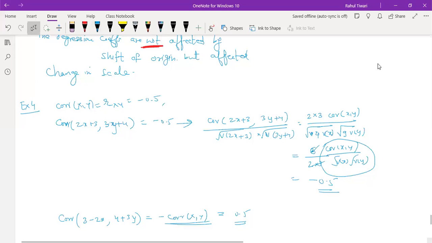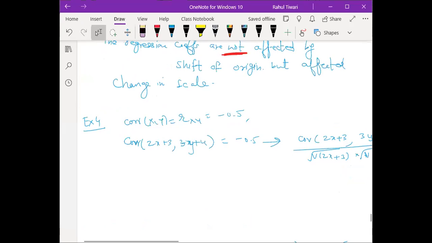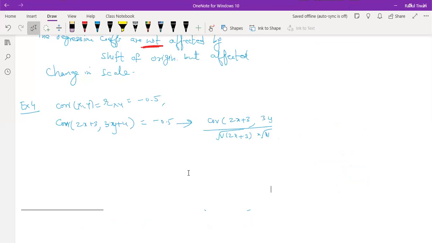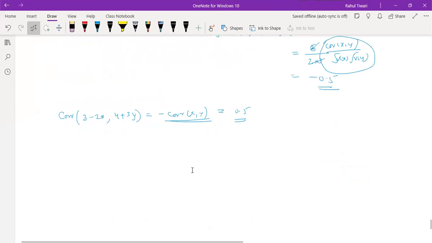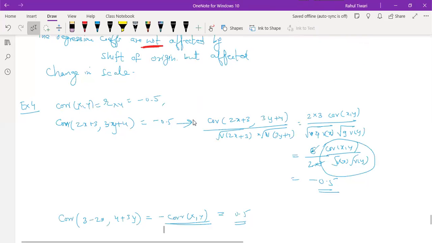Are you getting me? What is the logic behind this? This is where students fail. So try to understand how this particular correlation works. Now, similarly, you can work for the regression coefficients and so on. So this is your example number 4.